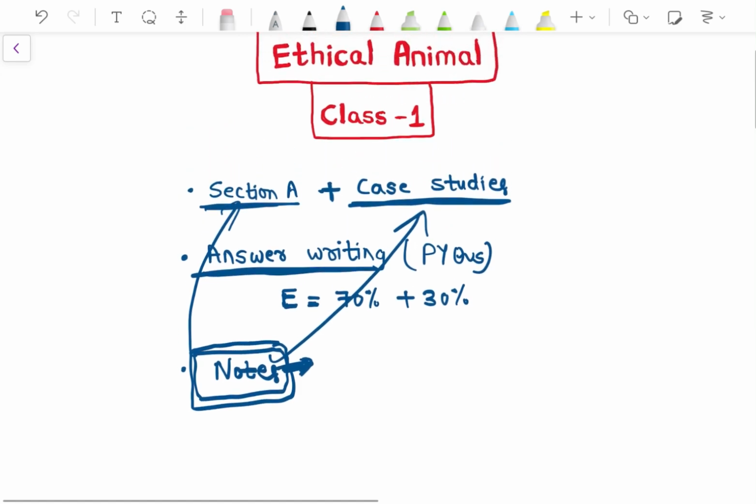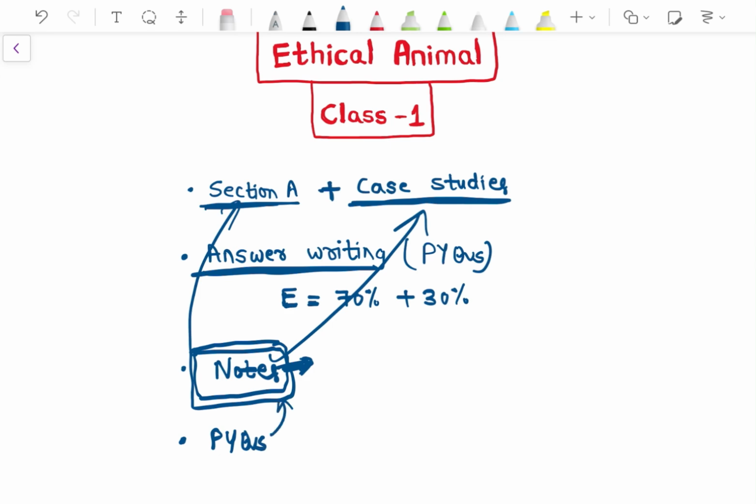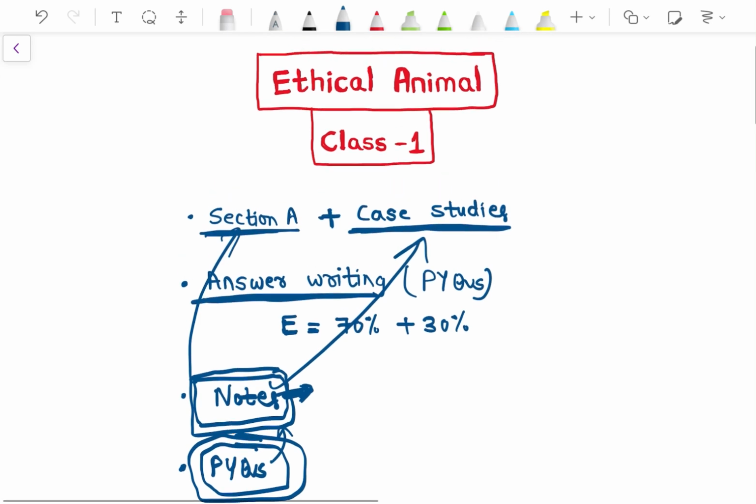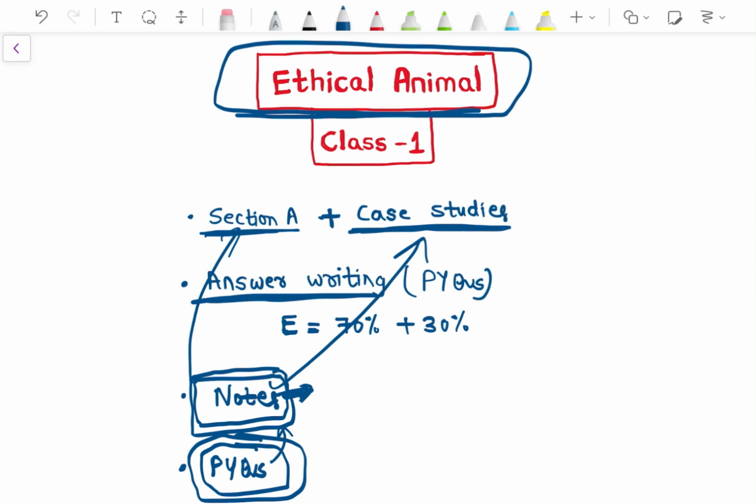Then we'll be discussing all the PYQs. In the notes, you will have model answers of the PYQs, and in class, we will be discussing the PYQs of each and every topic. So in total, this course will be a one-stop solution for your ethics paper.